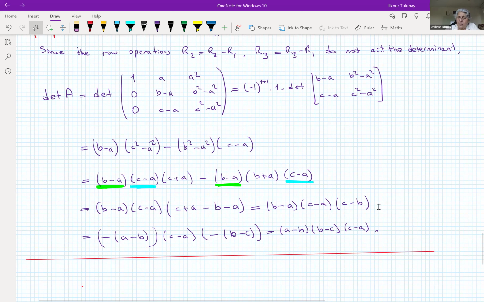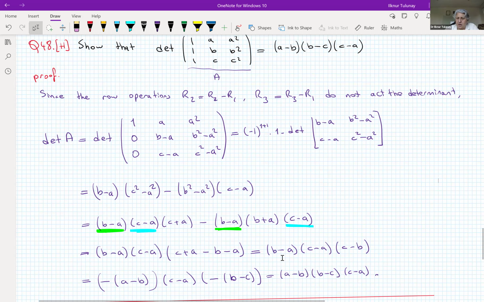What I want to find out is this value. The only thing that differs from this to this is just some minuses. So I'm turning this one by multiplying by minus, and turning this one by multiplying by minus, and then I get this one.